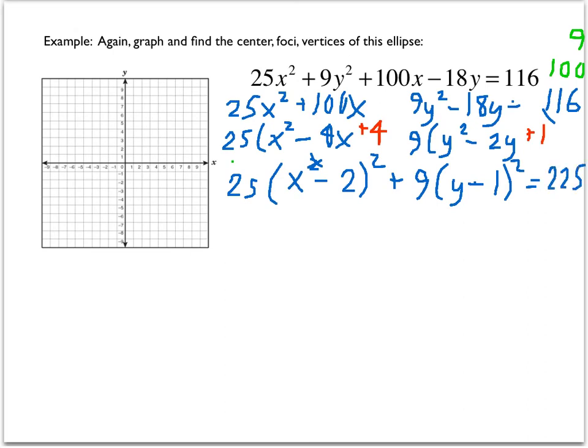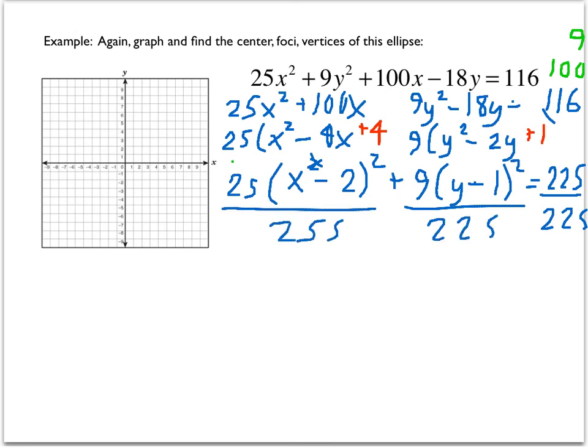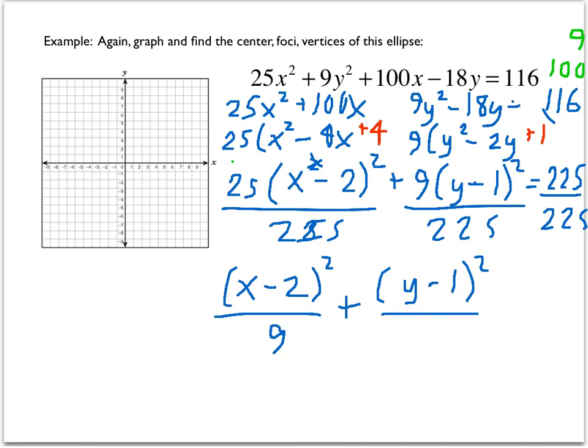If you remember though, we like to get that ellipse equal to 1, so I'm going to divide everything by 225, like this. And so in standard form then, I'm going to end up with x minus 2 squared over 9. 25 goes into 225 9 times, plus y minus 1 squared over 25, because 9 goes into 225 that many times, and that's going to equal 1.